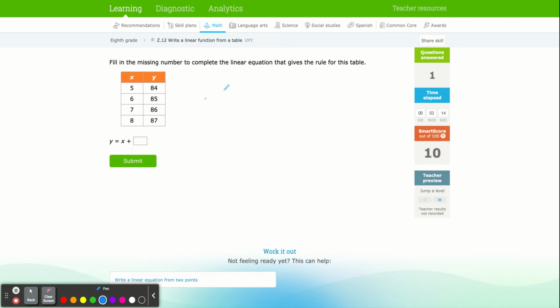So this one right here, to find my b value, I'm going to take any y I want, and I'm going to minus off the slope times my x value that goes with this y value. Now, I already know my slope. I don't have to calculate it. It tells me the slope is 1 because there's a 1 in front of that. So I'm just going to take this first point that it gives me.